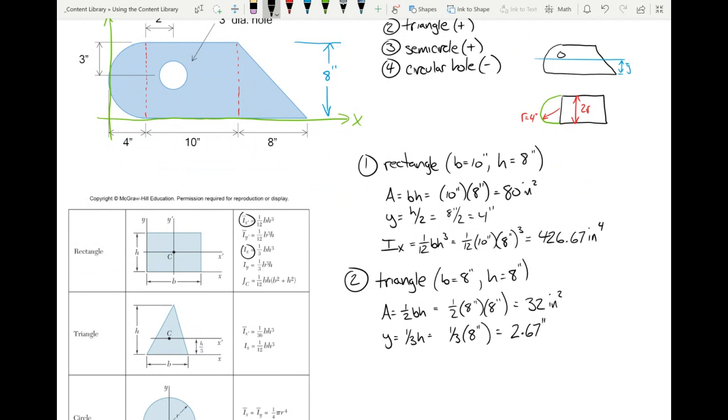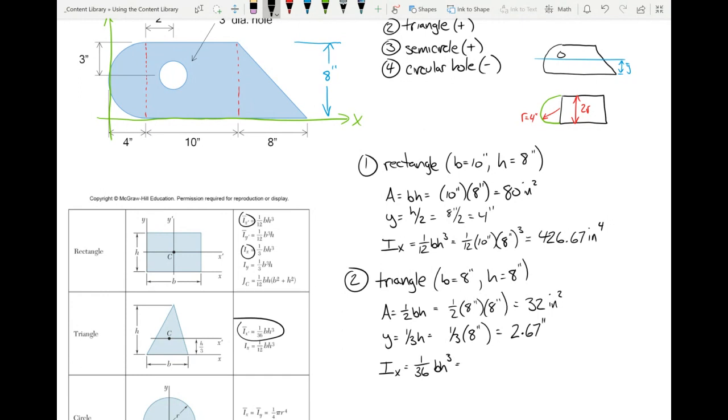And as for the moment of inertia, again, we're using the centroidal moment of inertia. So I'm going right here, I'm using that formula. And that formula is BH cubed over 36. That's why these references are so valuable, because I'll be honest, I do this every day, and even I have a hard time remembering all these formulas. That's why we have these references. So it's 1 over 36 BH cubed.